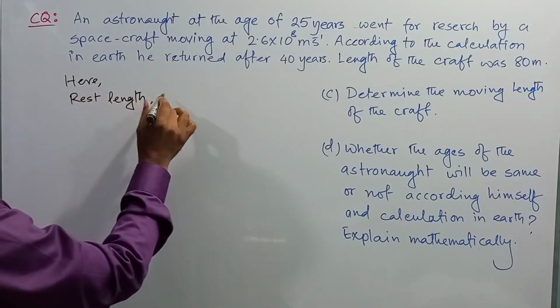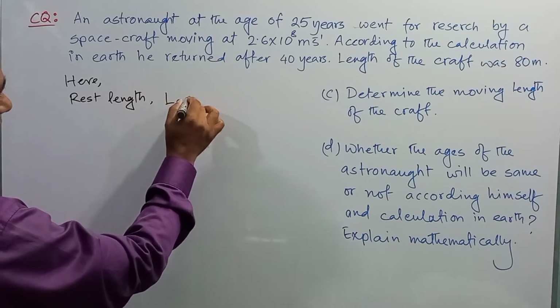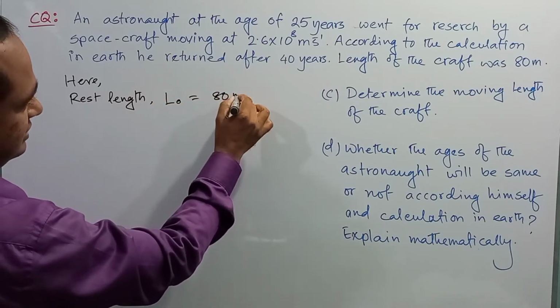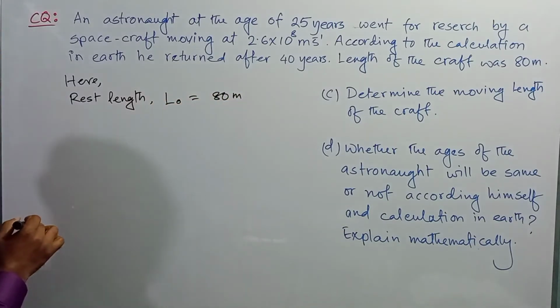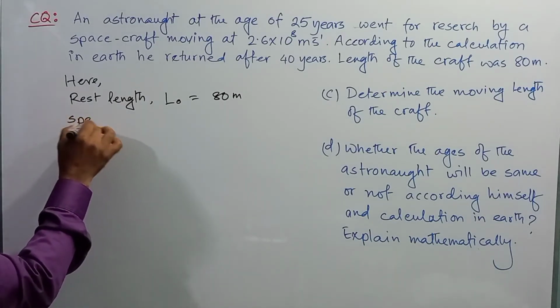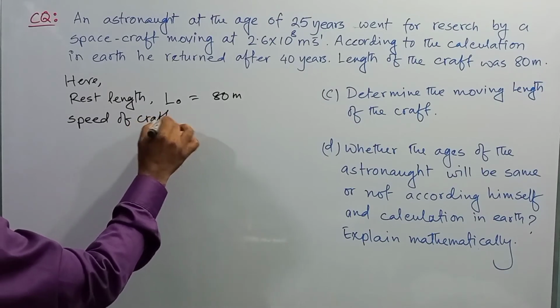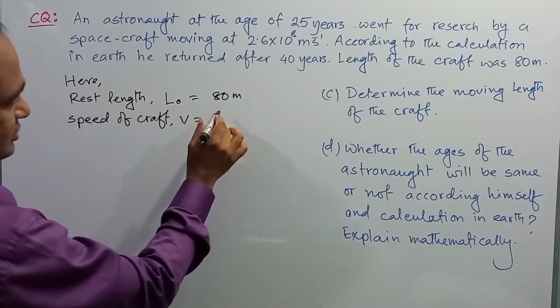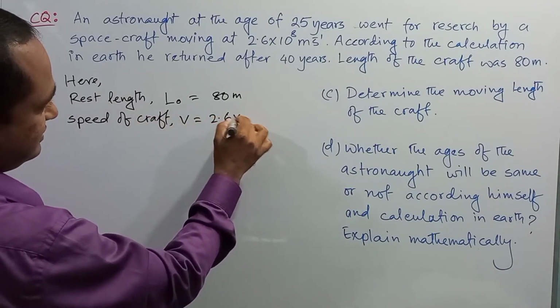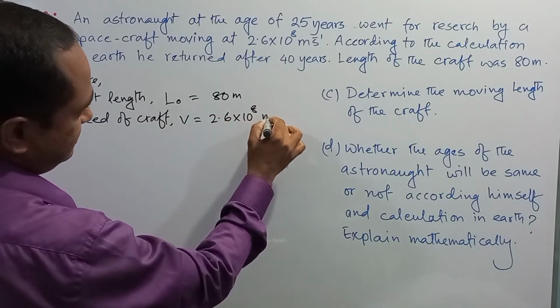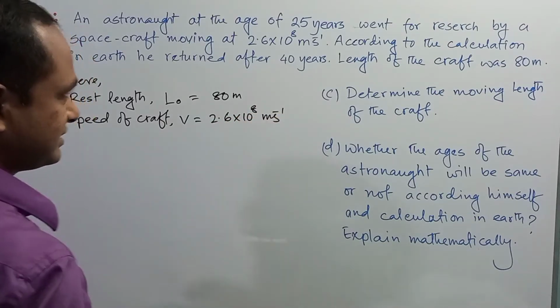The rest length, which is denoted by L naught, is equal to 80 meter. Speed of craft, V is equal to 2.6 into 10 to the power 8 meter per second.